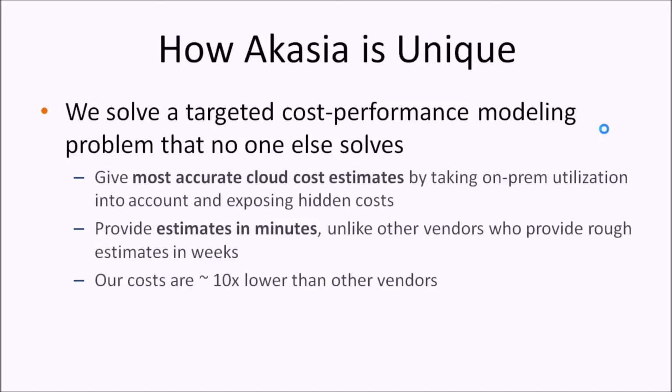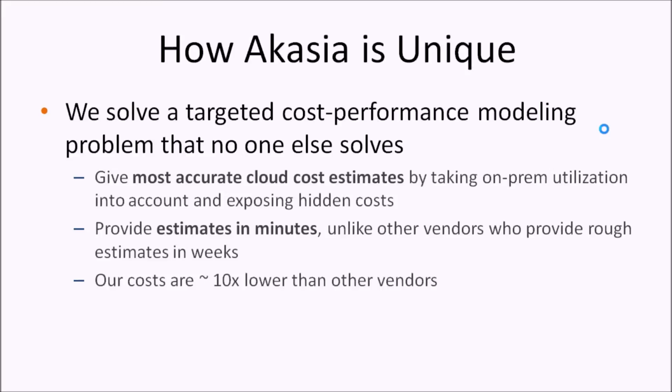How is Akasia unique? We solve a very targeted cost-performance modeling problem that no one else solves. We give the most accurate cloud cost estimates by taking on-prem utilization into account and exposing hidden costs that often come back to bite you once you've moved to the cloud.